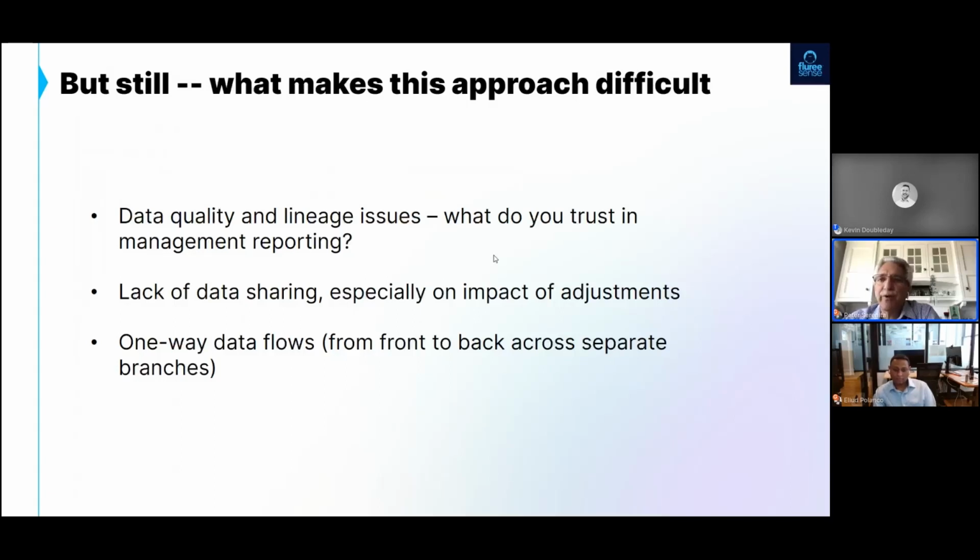For the most part, all the adjustments are held within finance and not shared back to the operational systems or risk, et cetera. And similarly with risk. So it really reinforces those silos slightly down the line. Instead of silos being up front, now they're kind of mid to back. So we're getting better, but we still haven't solved the problem.